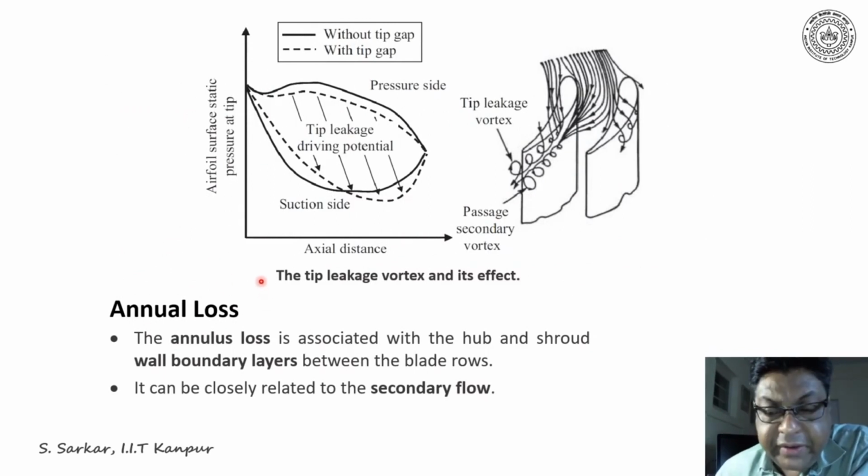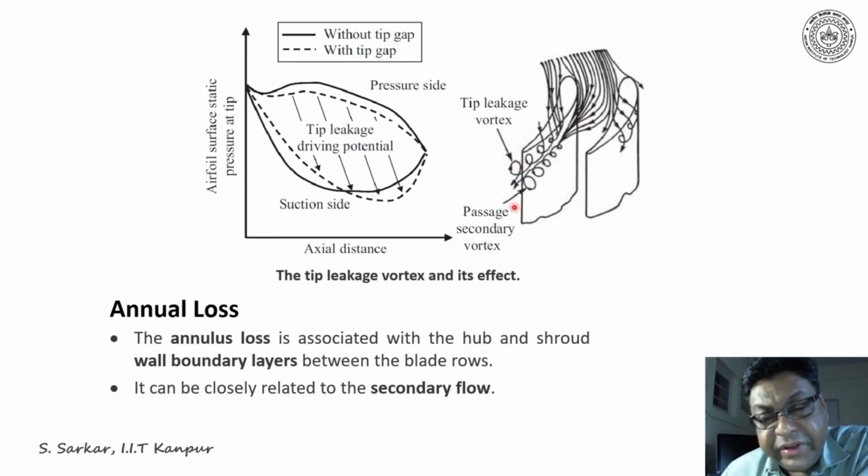I have illustrated here the effect of tip leakage vortex through some figures or schematic. I have indicated here a series of blades where, because of tip clearance, fluid leaks from the pressure to the suction side, forming tip leakage vortex.